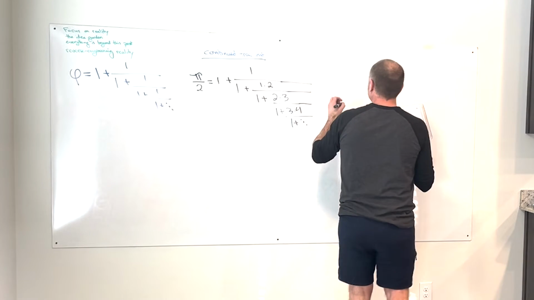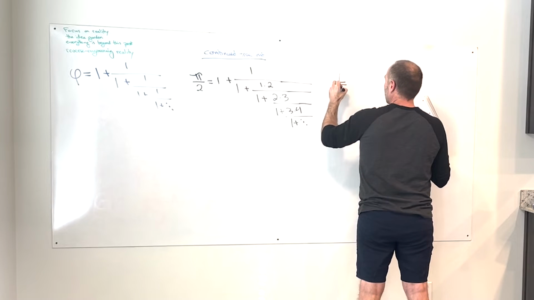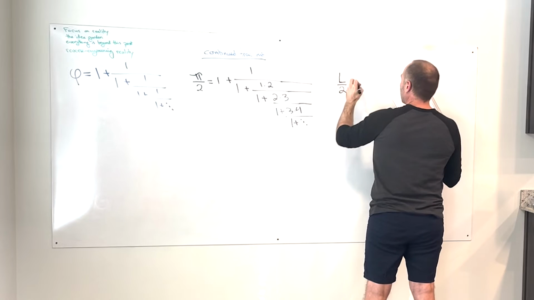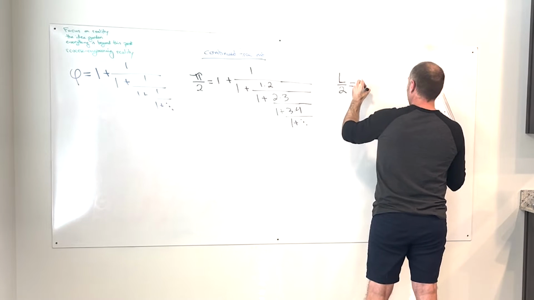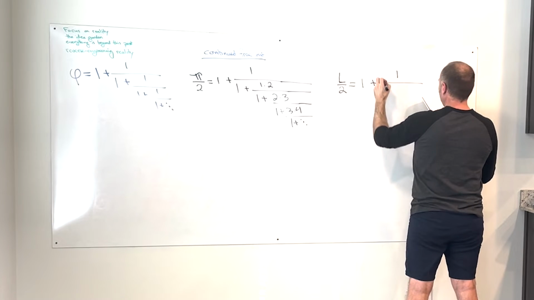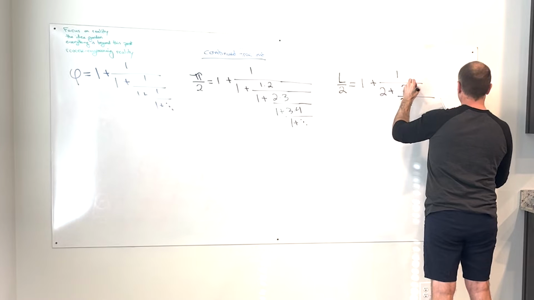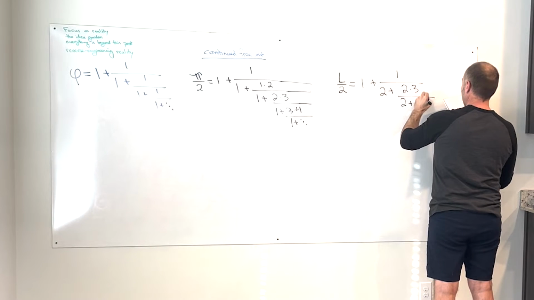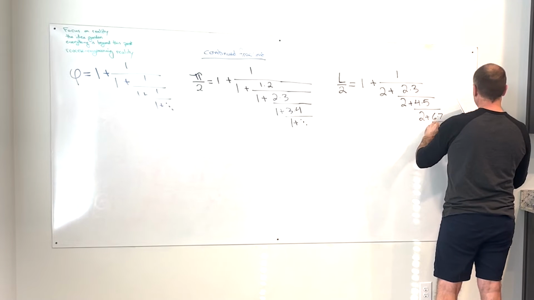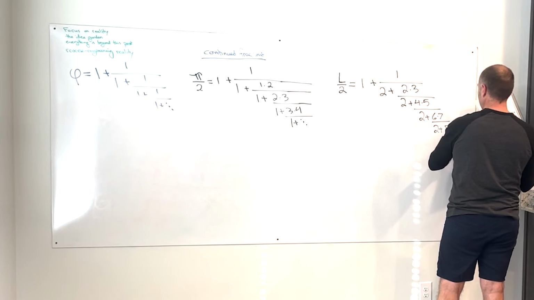Now, compare that to the lemniscate constant divided by 2. Instead of pi, we're taking the lemniscate constant. And now it's going to be 1, starts the same, 1 over 2 plus 2 times 3, 4 times 5, 6 times 7, 8 times 9, all the way down.